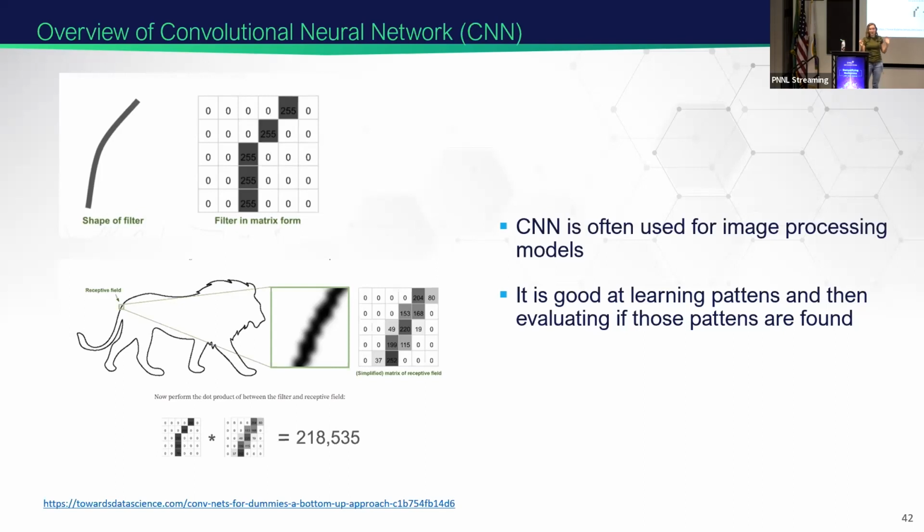In our case, these are going to be our microscopy images, but it'll go through bit by bit and look for, is that pattern in my image? Is that pattern in my image? And to do that it'll do basically matrix multiplication, where you have a higher value if the patterns are matching. So again, we have a quantitative way for the machine learning model to know if it's finding what it's looking for.